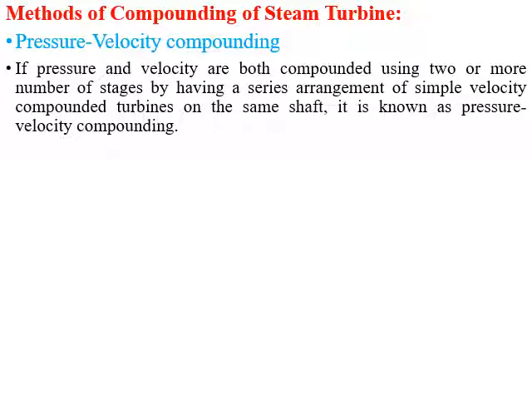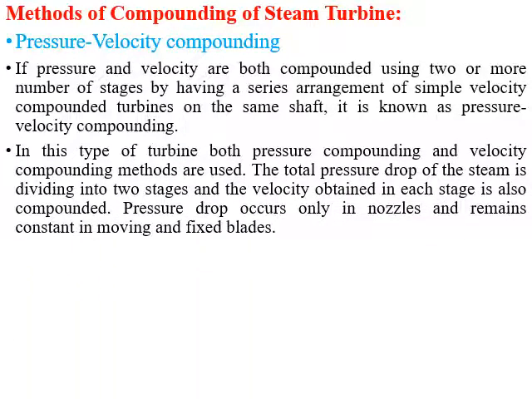If pressure and velocity are both compounded using two or more stages, by having a series arrangement of simple velocity compounded turbines on the same shaft, it is known as pressure velocity compounding. In this type of turbine, both pressure compounding and velocity compounding methods are used.